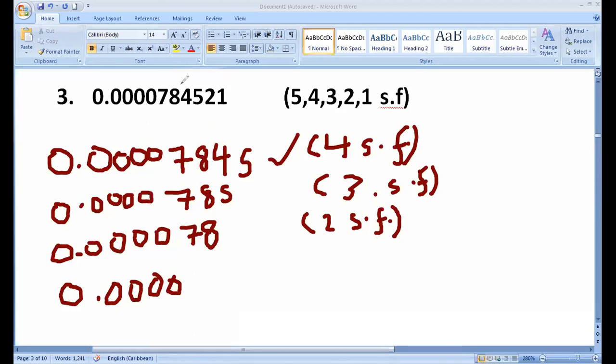So it's between the 8 and the 4. So it's 7, 8. One significant figure now would be 0.008. All right. Okay, any questions?